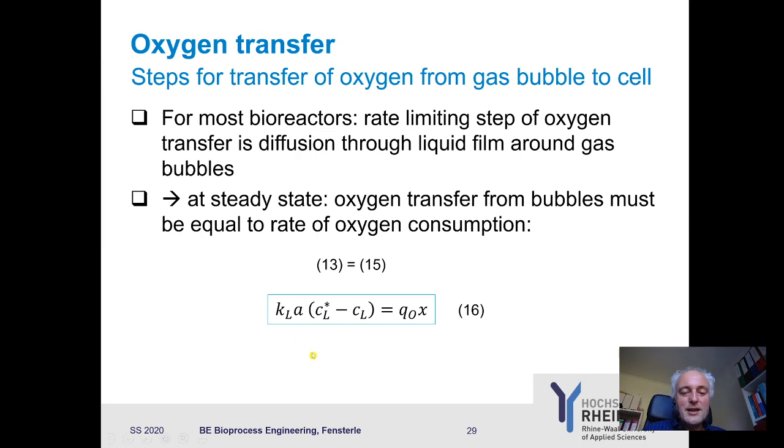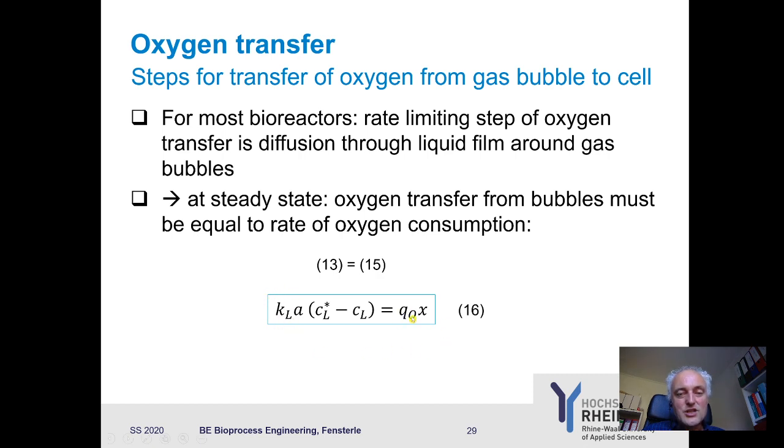X max is simply this term divided by Q0. So I say I have measured my KLa using, for example, the methods you use in the lab course simulation, and I see I can achieve a KLa of 0.25 per second at maximum. More is not possible. So I have this value then.